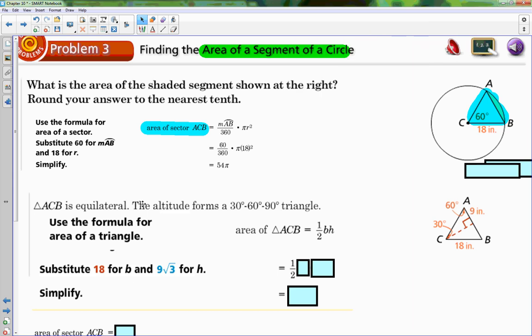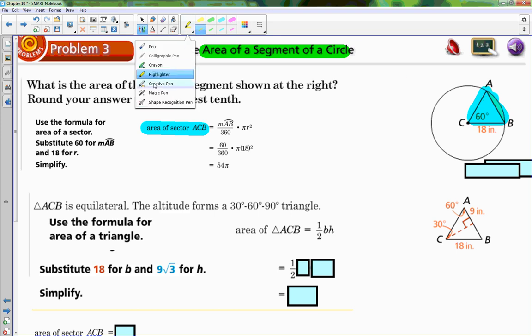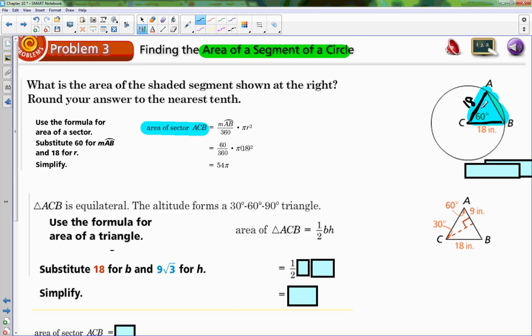Okay, so ACB is an equilateral triangle. Your side lengths AC and CB are both the radius of your circle. So both side lengths are 18.